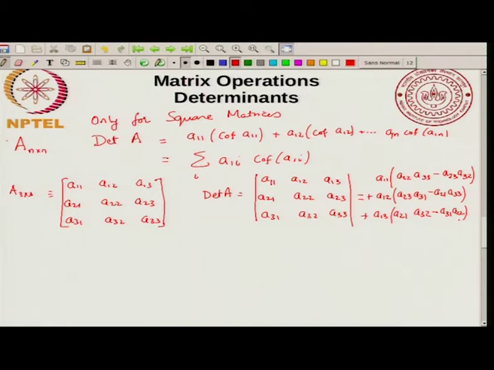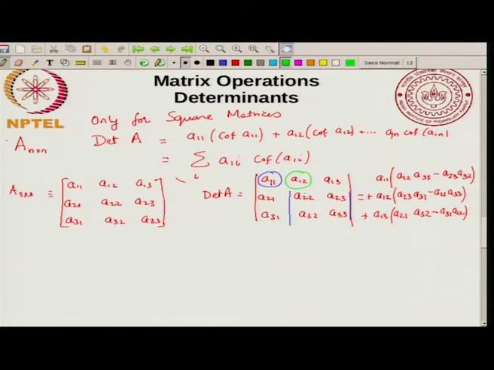So it is a sum of 3 terms, just as you can see from this expression. Now, how did we calculate the determinant? We multiplied this A11 by what is called the cofactor, which is nothing but this determinant. Then we multiplied A12 with this.